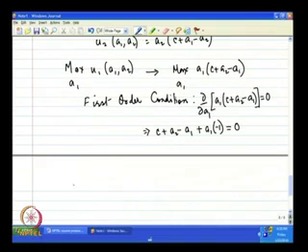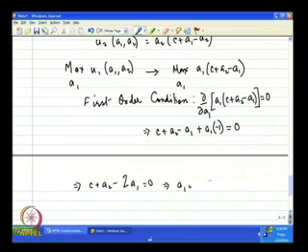And if I simplify this, what do I get? C plus A2 minus 2A1 is equal to 0, which means that A1 is equal to (C plus A2) divided by 2. This is the first equation.